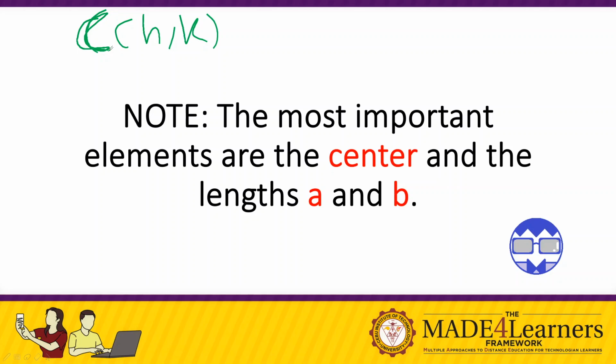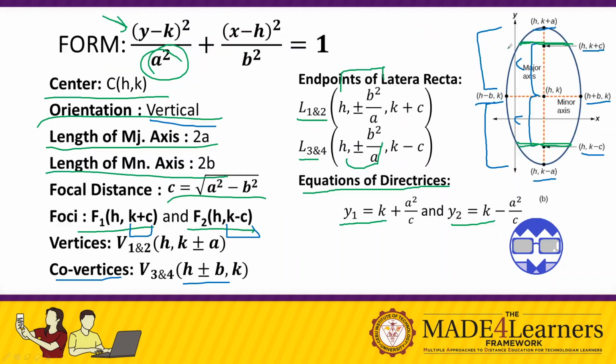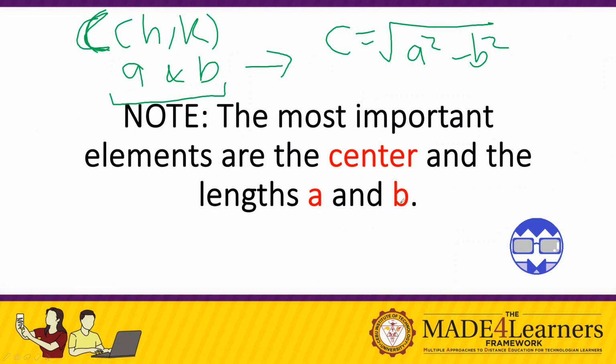If we have h, k, a and b, we can focus on a and b, and using the formula for the focal distance, you can get c. And if you have a, b, c, h, and k, you can always get all of these. Observe the elements: we just have h, k, a, b, and c in our formulas. That's why this is true.